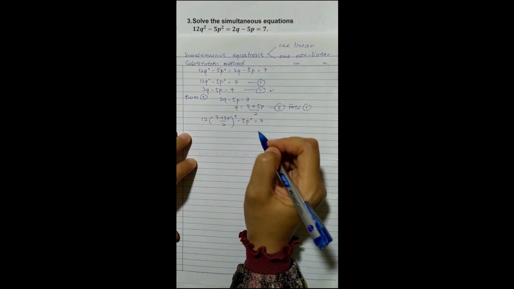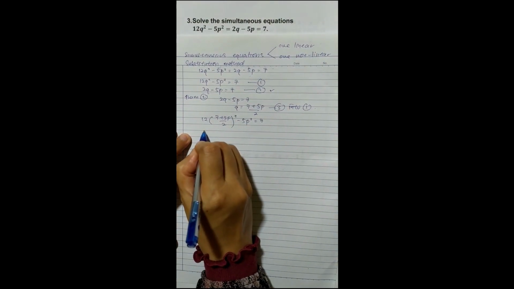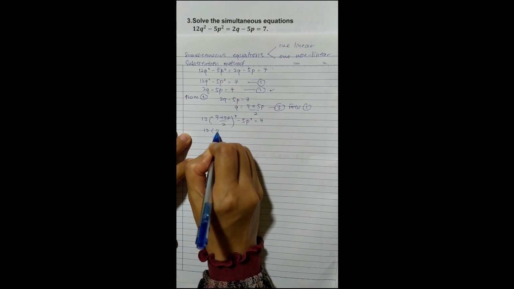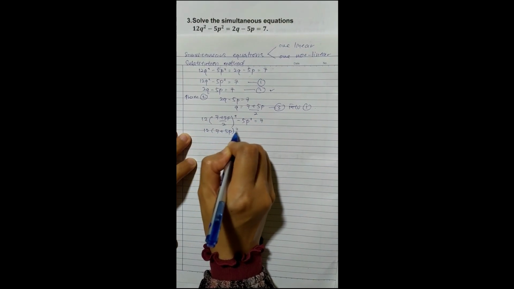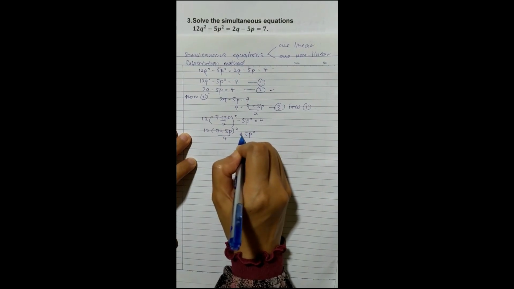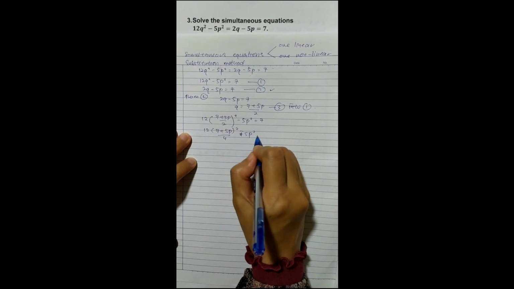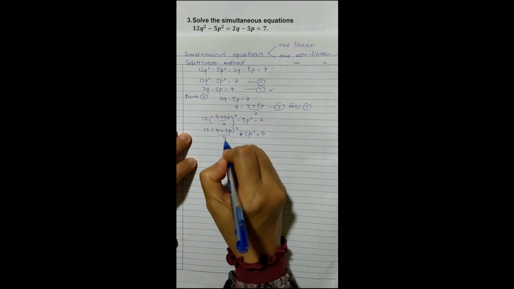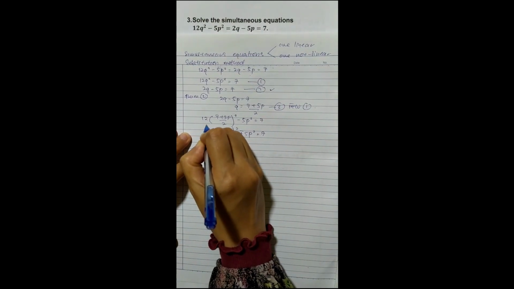Then the rest you have to simplify. So we get 12 times (7 plus 5p) squared over 4, minus 5p squared equals 7. You can simplify 4 and 12 to get 3.